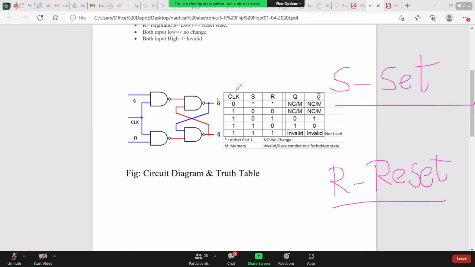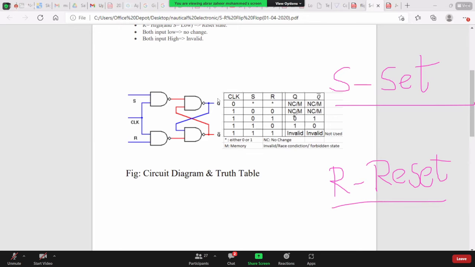When the clock is 1, S is 0 and R is 1, output Q is 0 and Q bar is 1. When the clock is 1, S is 1 and R is 0, output Q is 1 and Q bar is 0. When the clock is 1, S is 1 and R is 1, both the outputs tend to be 1. That is known as the invalid condition or the forbidden condition.